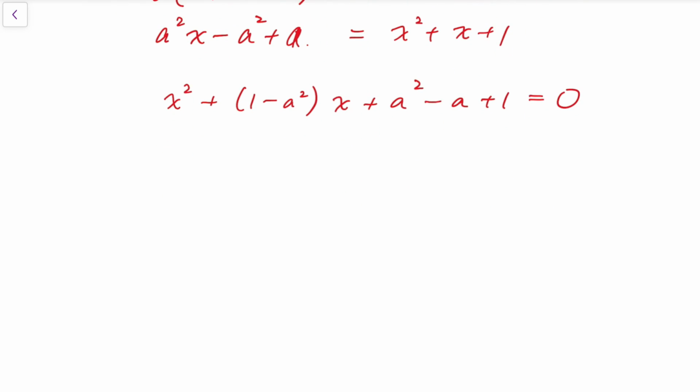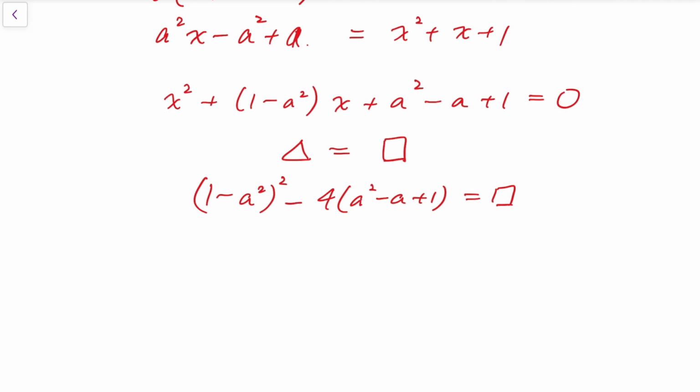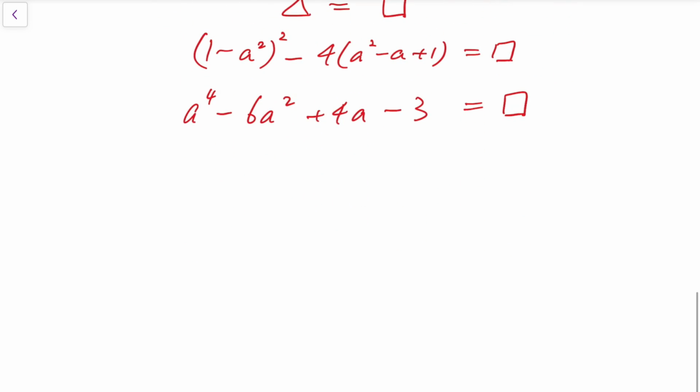So now we have a quadratic about x, and we're supposed to have some integer solution for x, so that means the discriminant should be a perfect square. That means we're supposed to have a to the power 4 minus 6a squared plus 4a plus 1 minus 4, which is minus 3, to be a perfect square.